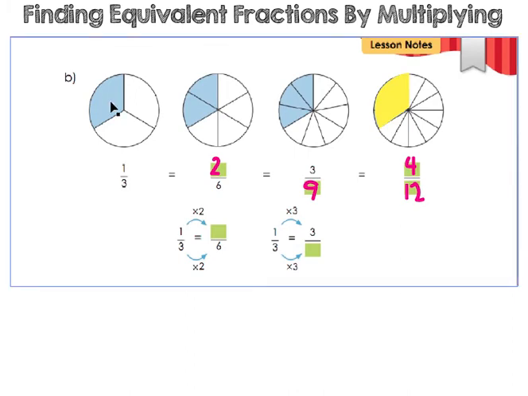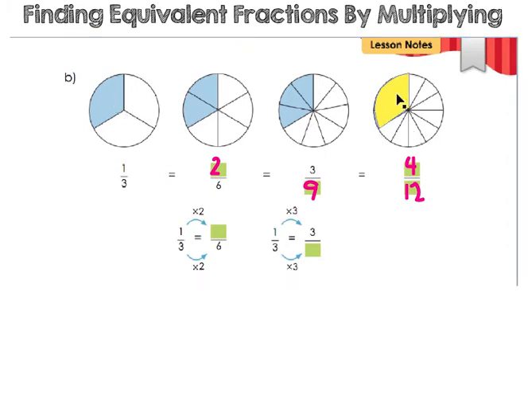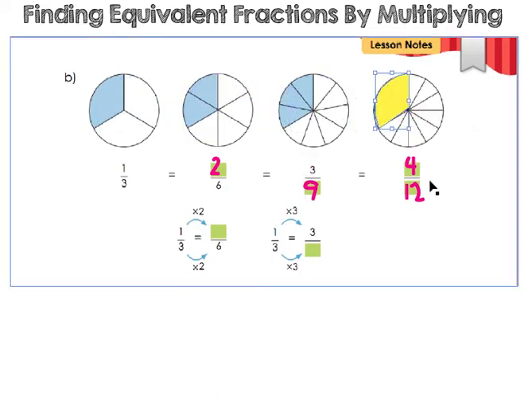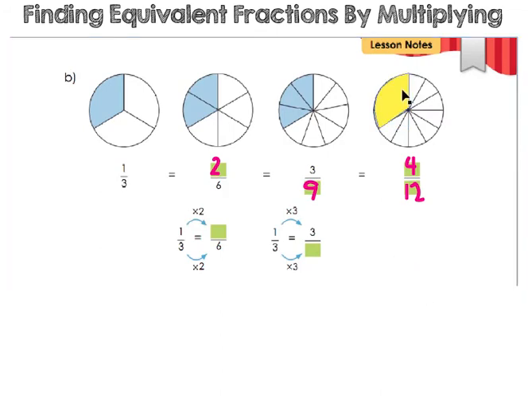So do you understand why they are all equal even they are divided in different parts? If you color here 1, here 2, here 3, and here 4, they end up being the same size, okay?